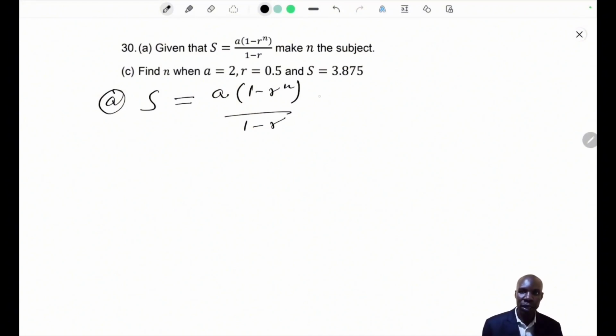So the first thing that we can do is to cross multiply both sides by the denominator, so this will cancel out.